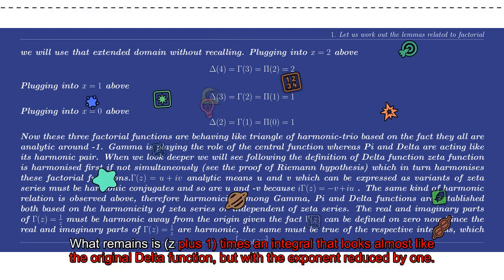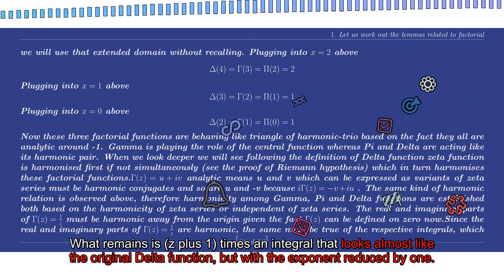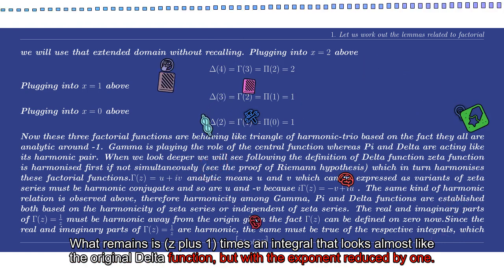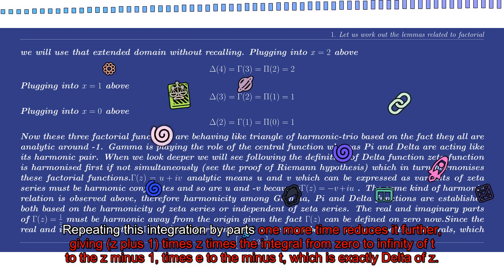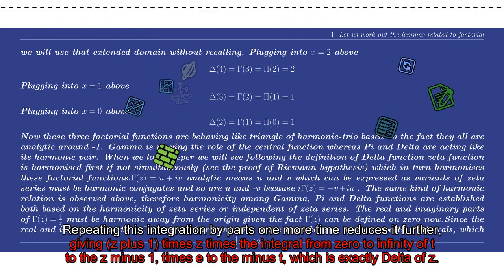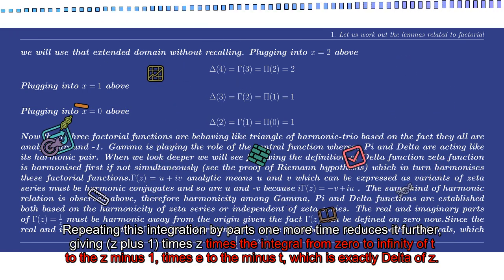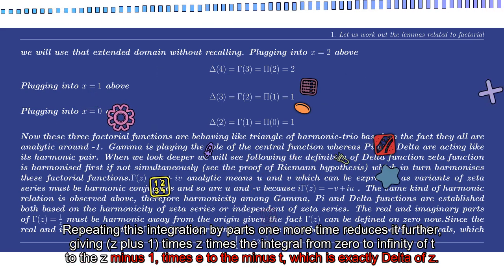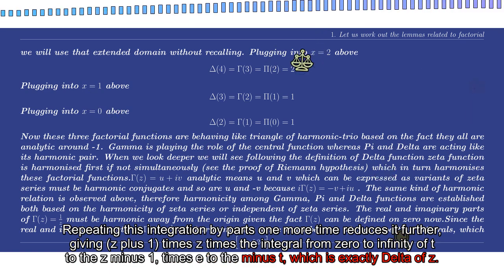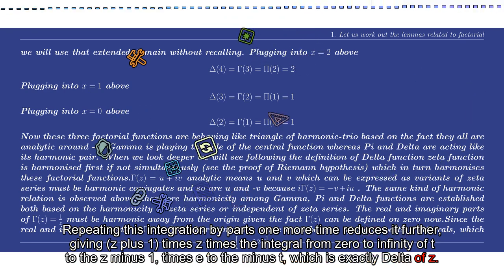What remains is z plus 1 times an integral that looks almost like the original delta function, but with the exponent reduced by 1. Repeating this integration by parts one more time reduces it further, giving z plus 1 times z times the integral from 0 to infinity of t to the z minus 1 times e to the minus t, which is exactly delta of z.